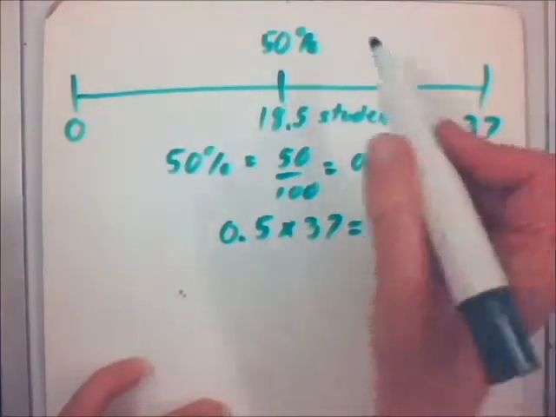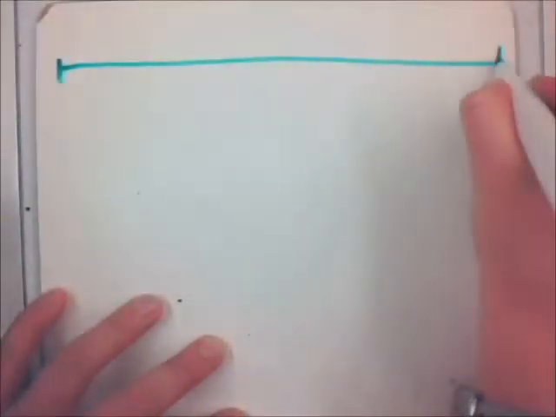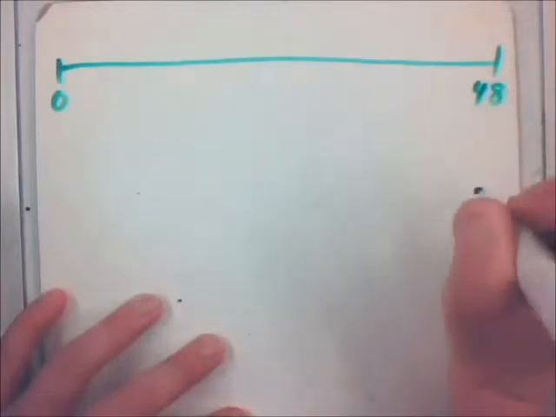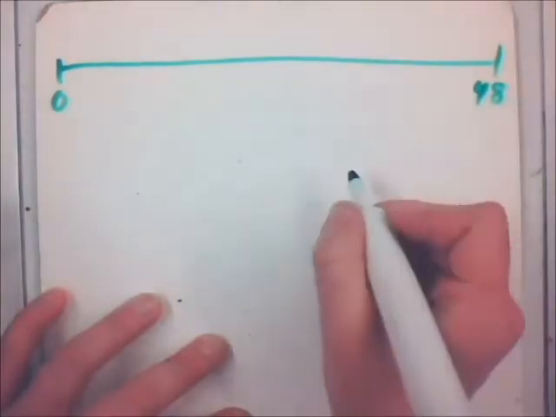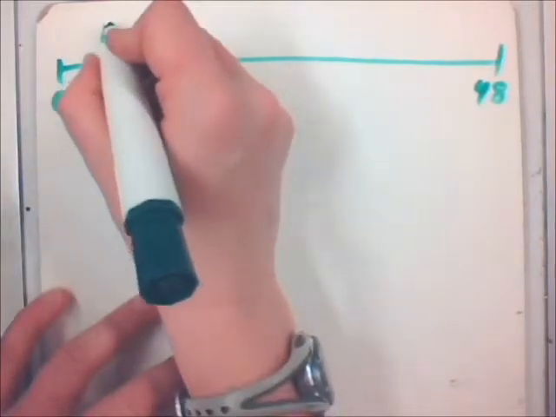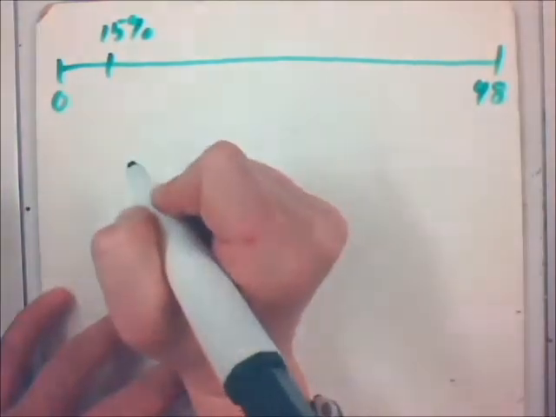Let's try another example with a number other than 50%. In this example, we're going to have a total of 48 students. But instead of figuring out 50% of the 48 students, we're going to figure out 15%. Now I'm estimating 15% might be around there, but I might be a little off.